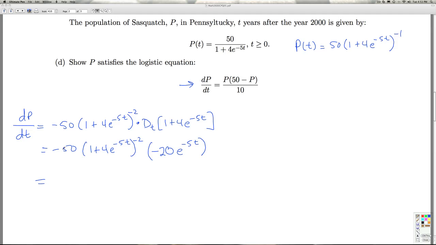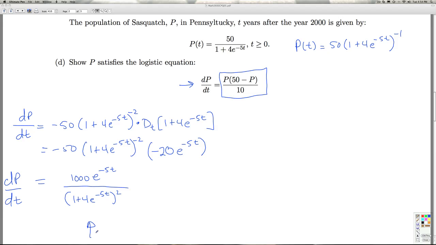When I clean this up, negative 50 times negative 20 is a positive 1,000, so I have 1,000e to the negative 5t over that quantity squared. So that's dP/dt. My job now is to look at this side of the equation and show that when I simplify it, I also get that. All right, that's my next challenge.